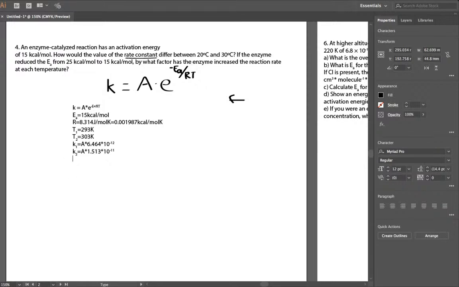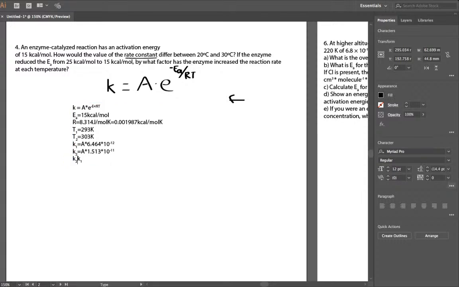How it would differ is basically trying to find the ratio or the difference. But I think for this type it would be the factor, I believe. So let me copy some of these here.